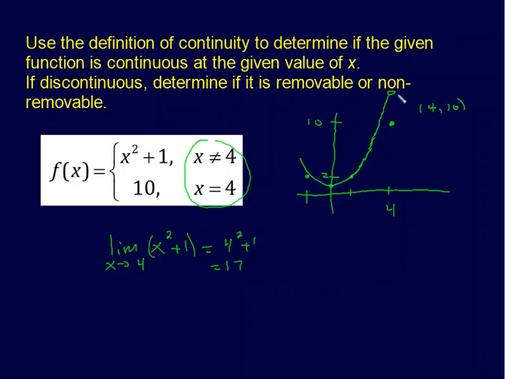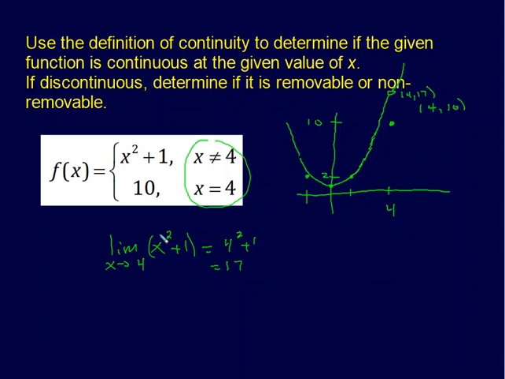It's actually going to be approaching the point (4, 17), but the graph will have a hole in it as it continues up because it's only drawing this rule whenever the x value is not 4. When it gets to exactly 4, the value drops down to 10. But then once we get past 4 again, it'll just continue on this parabola some more.